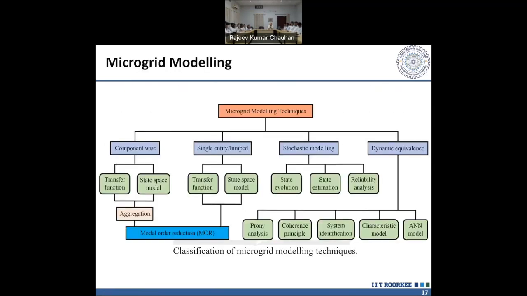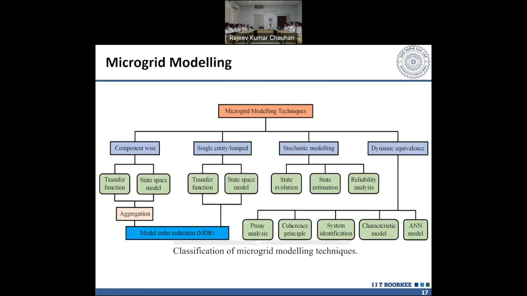So now another thing comes: the modeling. Anybody can define the meaning of modeling? Mathematical modeling. For any physical system for study, we normally write down the mathematical equation.